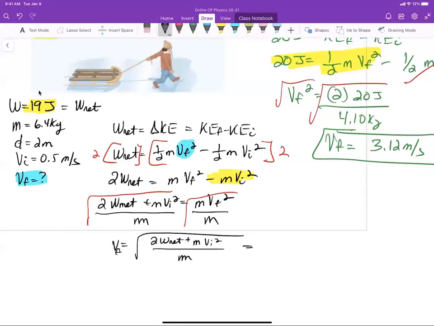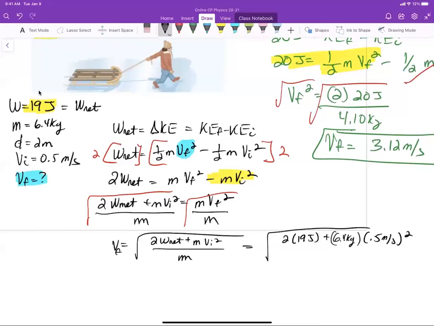And I can plug in all my values, which is 2 times 19 joules plus the mass, which was 6.4 kilograms, times its initial velocity squared, which is 0.5 meters per second.